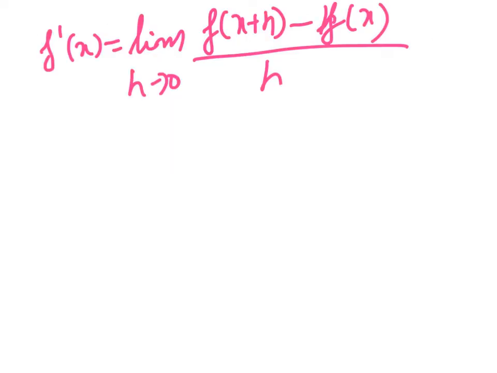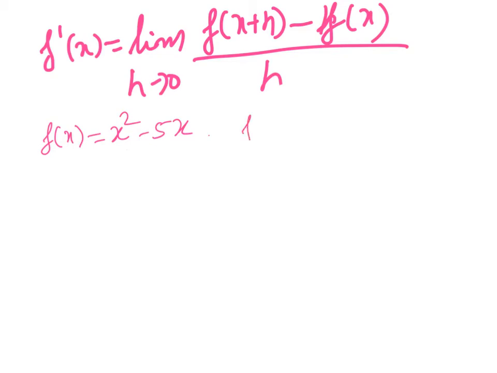I rewrite the formula here. f prime of x is equal to the limit as h tends to 0 of f(x + h) minus f(x) over h. Now, my f(x) is x squared minus 5x.